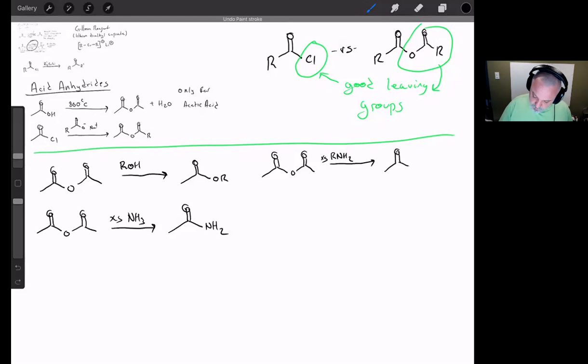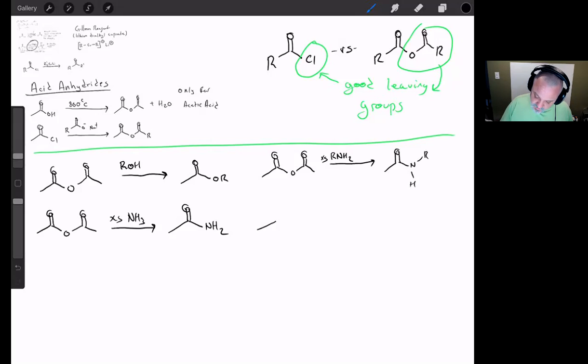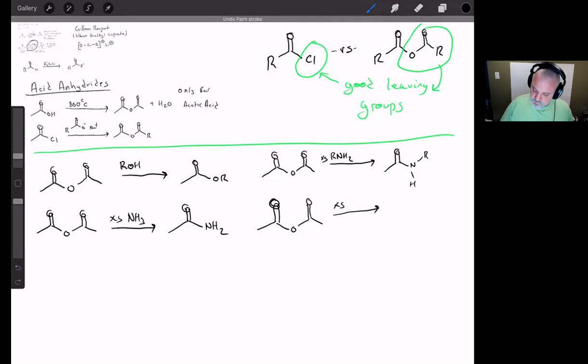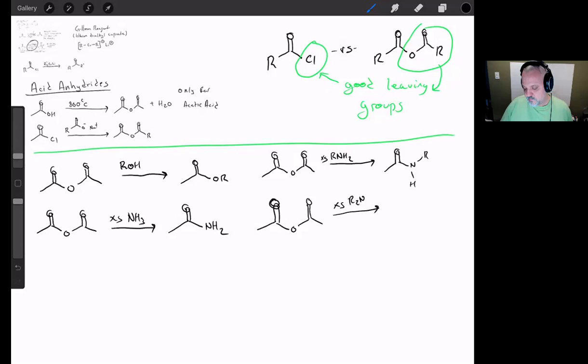And it works the same way with secondary amines. Exact same products, almost identical reaction conditions.